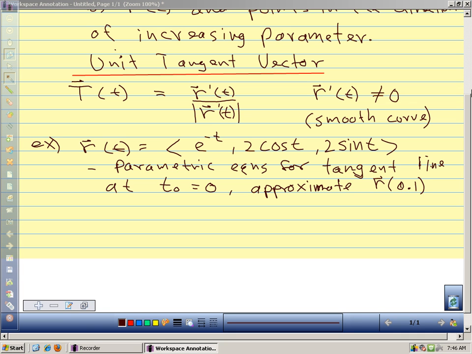So we want to figure out the equation for a tangent line at t0 equals 0. What do we need to write an equation of the tangent line? We need the derivative.